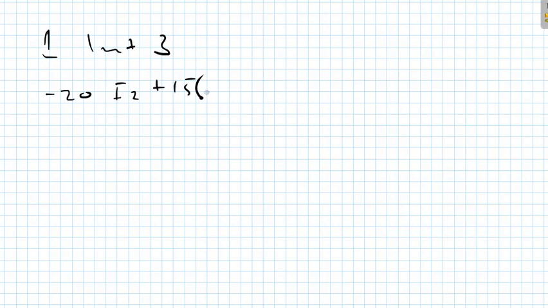We also go ahead and replace I1 into I3. We're going to have minus 20 I2 plus 15 times minus I1 minus I2 being equal to 8.